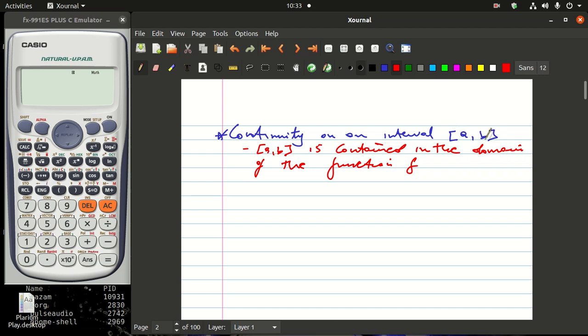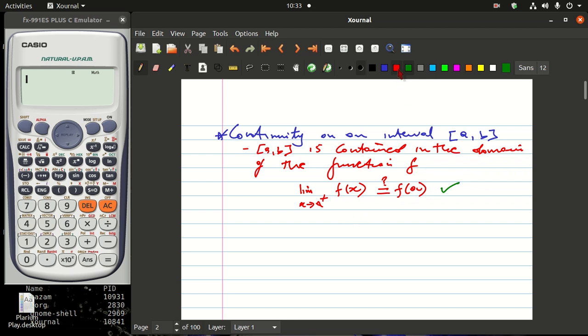But most examiners, when they ask you whether f is continuous on this interval, want you to find the limit as x approaches a from the right of f of x, and prove it is equal to f of a. If it is equal to f of a, then condition number one would be satisfied.